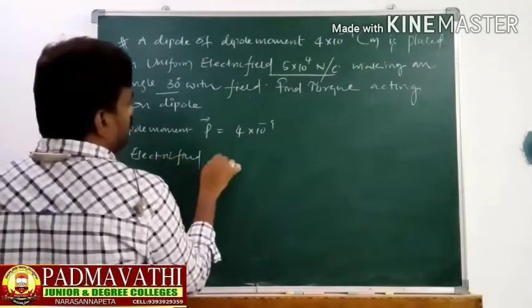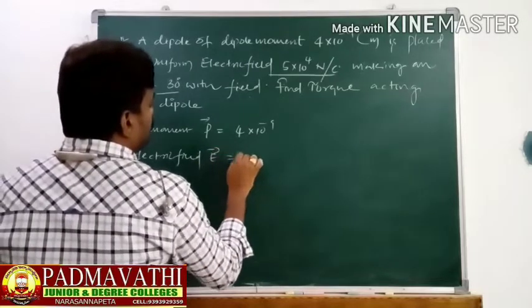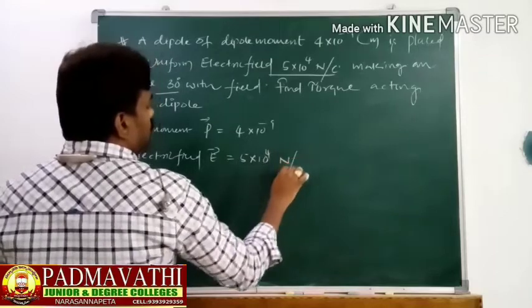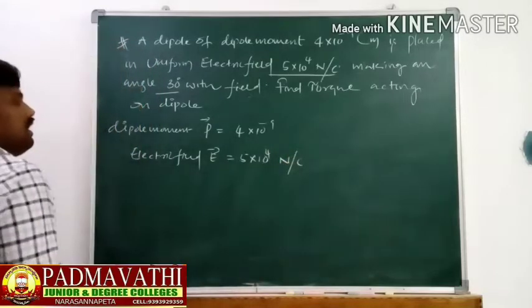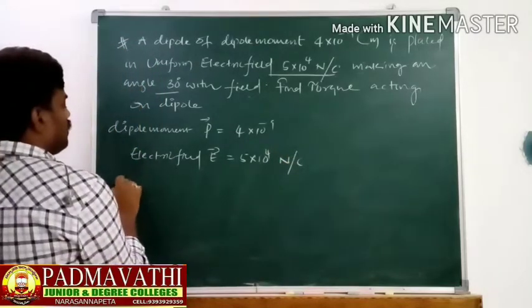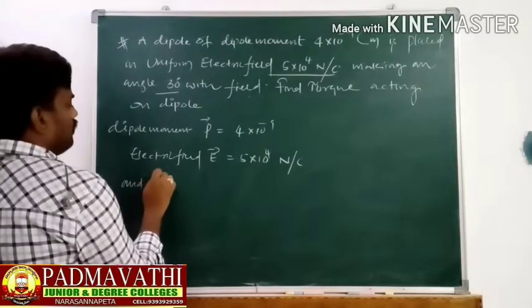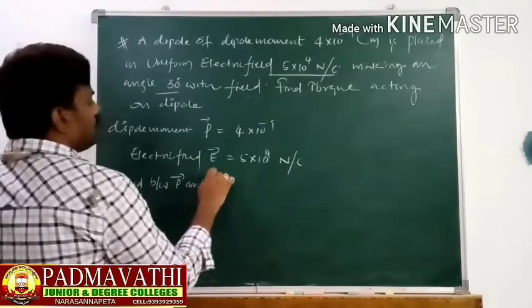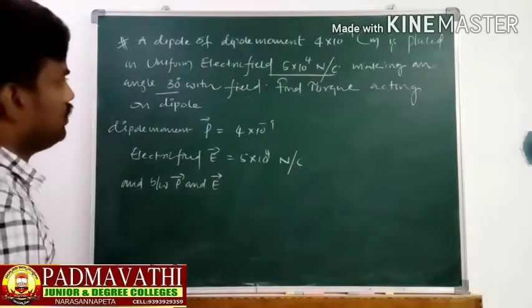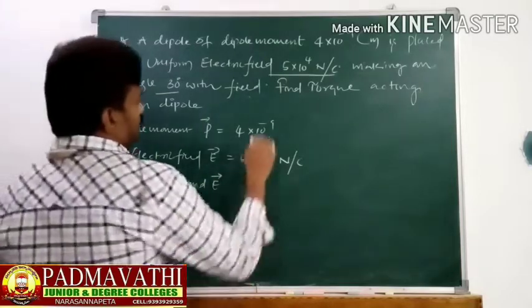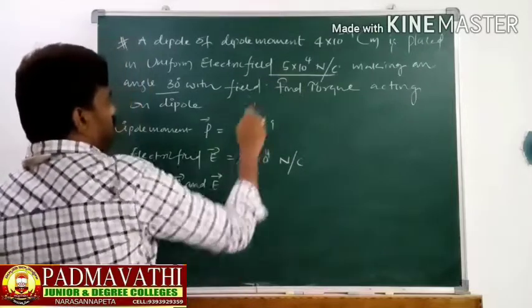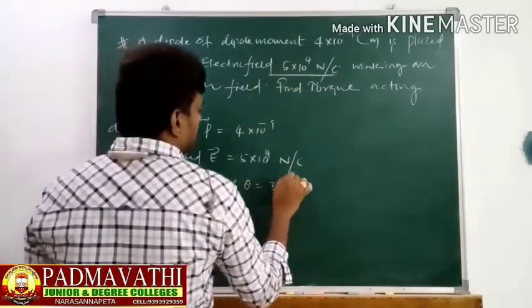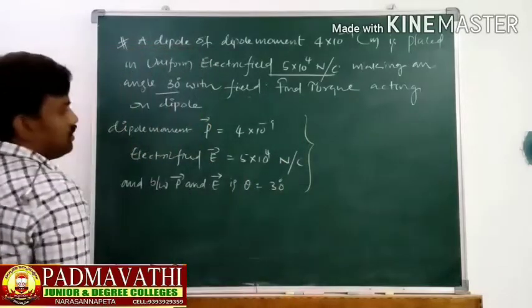The electric field E bar is 5 into 10 to the power of 4 Newton per coulomb, and the angle between P bar and E bar is theta equals 30 degrees. Then you have to find the torque.